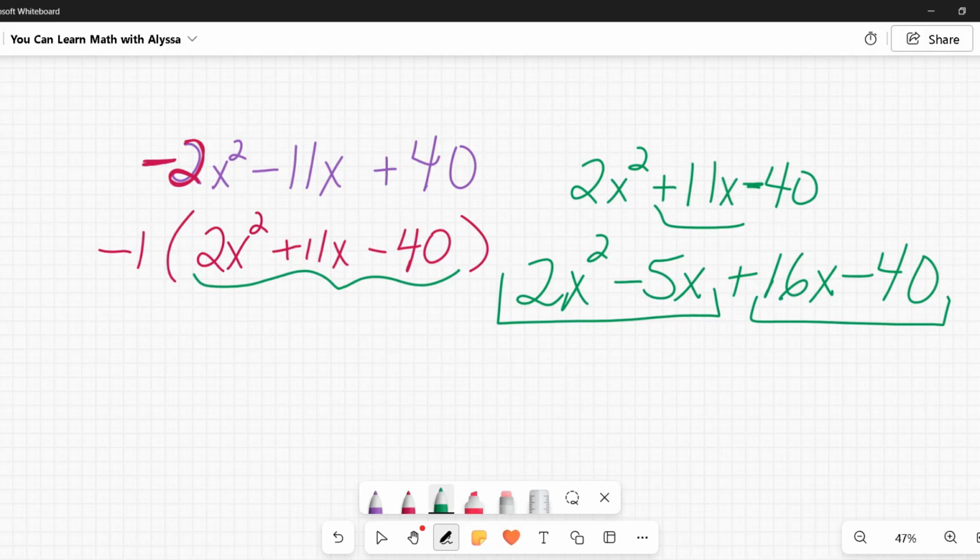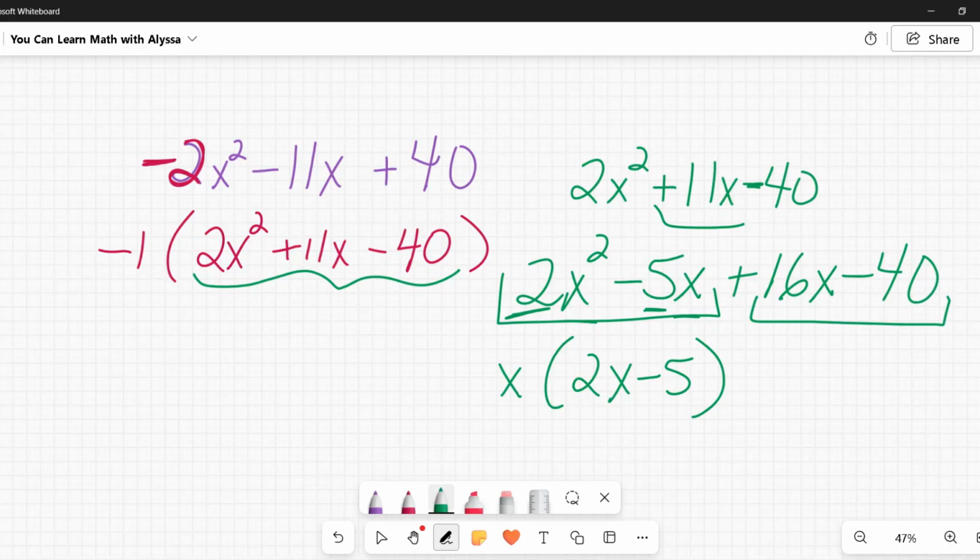And then you're going to look for a factor in each set. So here, this first pair, 2x squared minus 5x. Is there any common factor in 2 and -5? No. X squared and x? Yeah. So I can pull out an x, and I'm left with 2x minus 5.